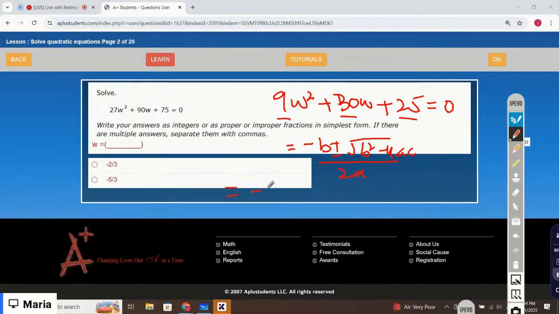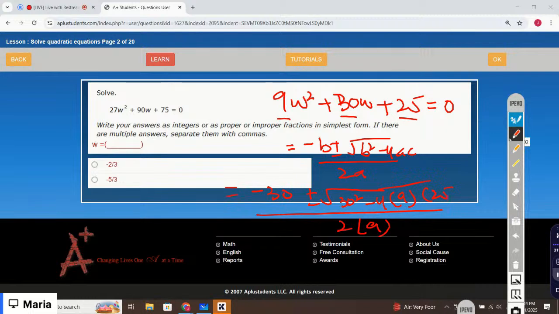Negative 30 plus or minus the square root of 30 squared minus 4 times 9 times 25, divided by 2 times 9.